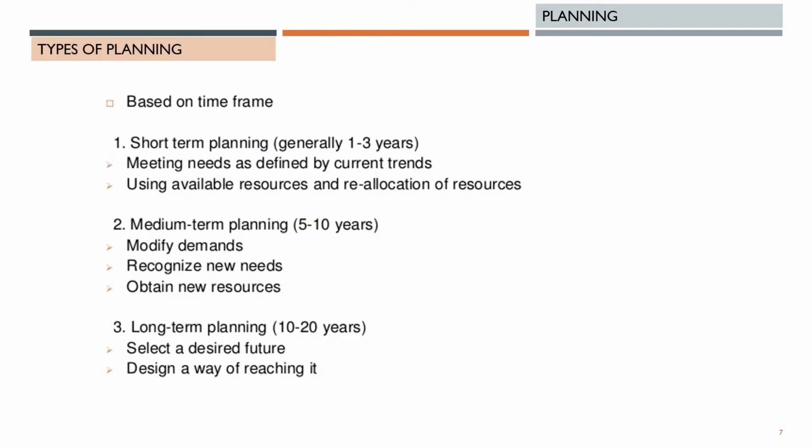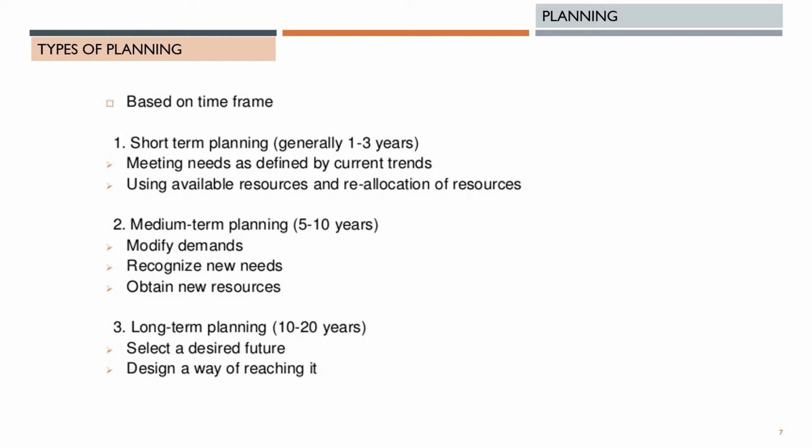There are many types of planning. Number one is based on time frame, what we call short-term planning, which is generally 1 to 3 years. Meeting needs as defined by current trends and using available resources and reallocation of resources.